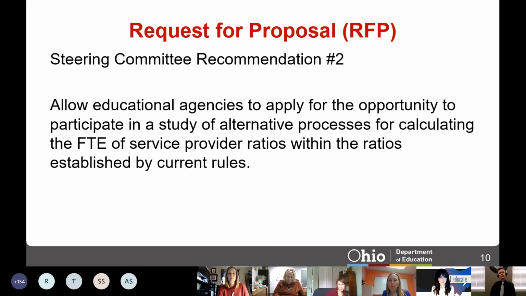The second one was the ability for educational agencies throughout Ohio, so school districts, educational service centers, et cetera, to apply for an opportunity to participate in a study, which was going to become the caseload ratio study. In this study, agencies that applied would be able to develop a process for determining workload.